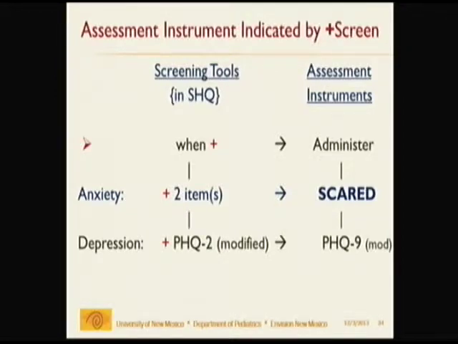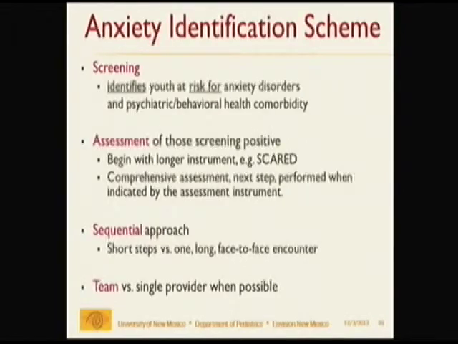So what do we do to assess? Well, when we have a positive screen, we administer an assessment instrument for anxiety, referred to as the SCARED. Just like we administer the PHQ-9 modified for teens when there is a positive screen for depression, known as the PHQ-2.